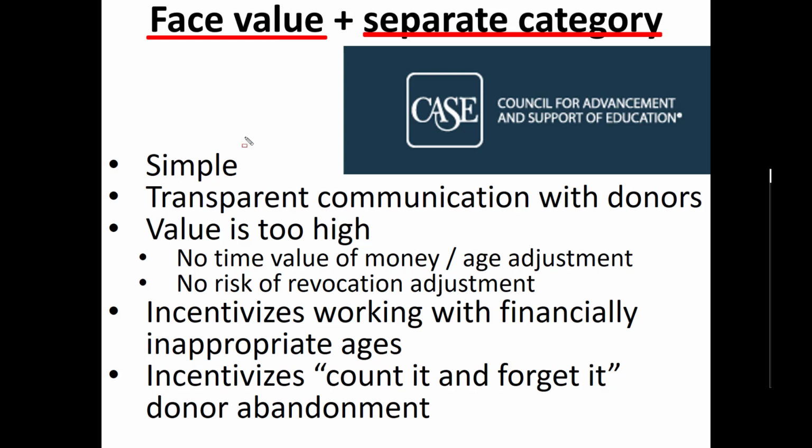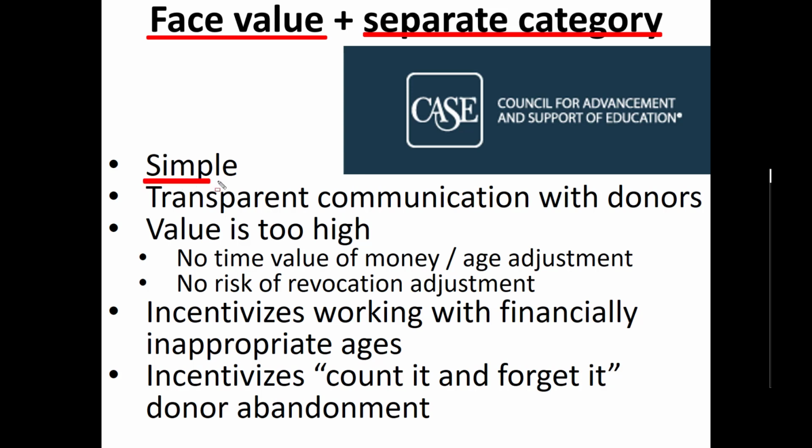This would also be the case if somebody who is age 35 writes us into their will for a $1 million gift. Okay, somebody who is 95 writes us into their will for a $1 million gift. It's going to count as $1 million in all cases, just face value, but we report it in a separate category. Some advantages of this approach.